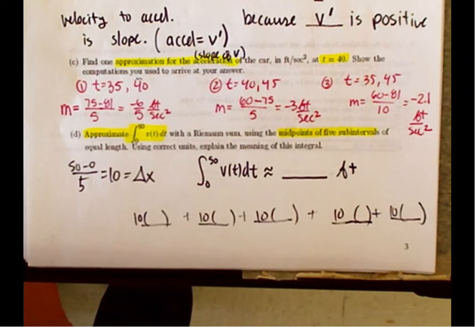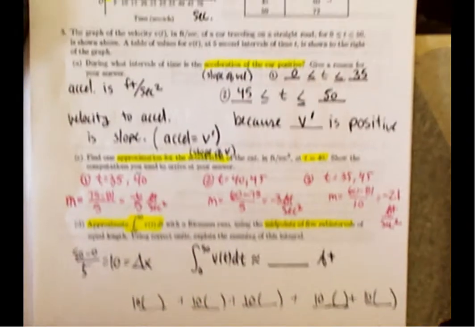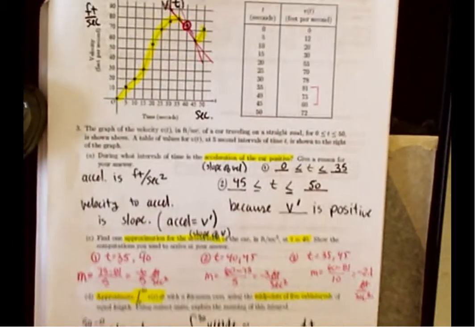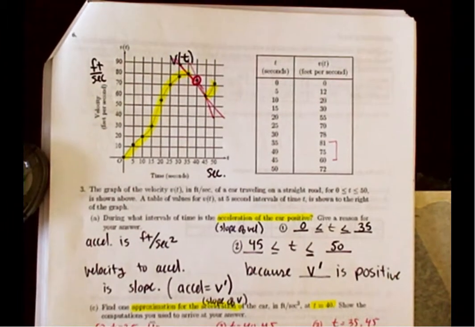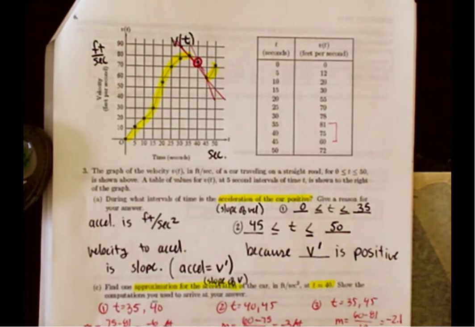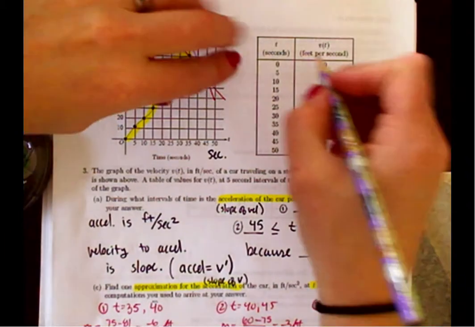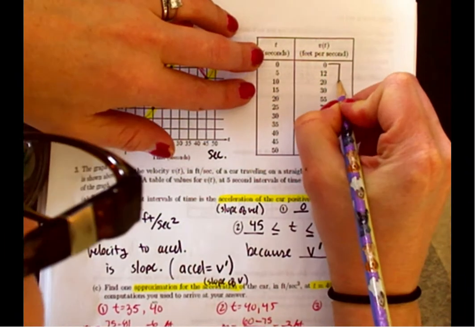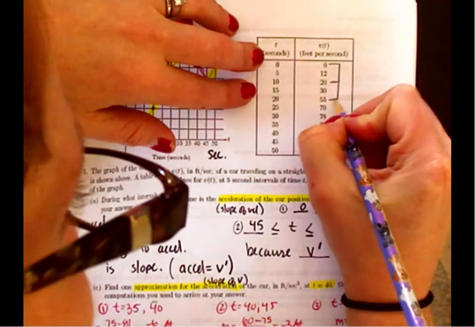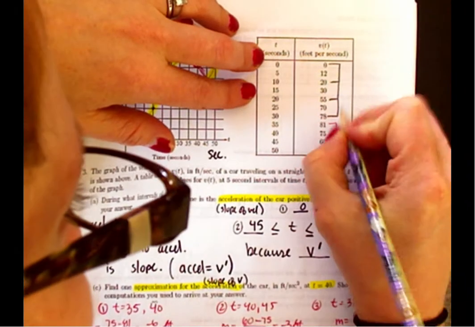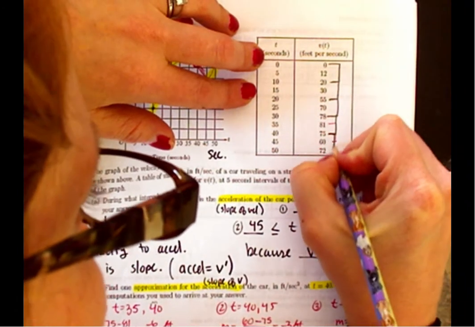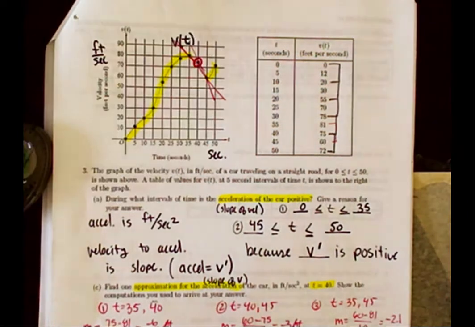And so now I'm going to zoom out and look at my table. Okay, so my delta x is 10. And I'm going to try to draw my rectangles on the table of values. Notice that each of my rectangles has 3 data points.